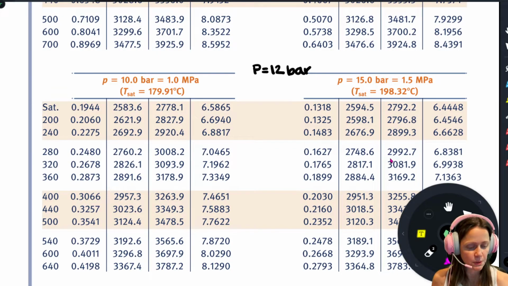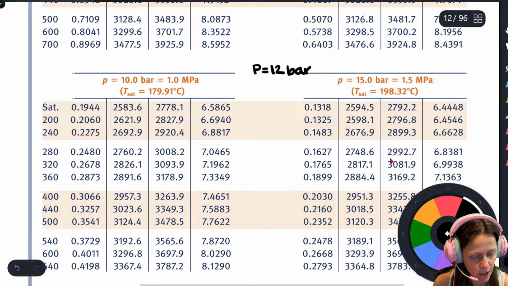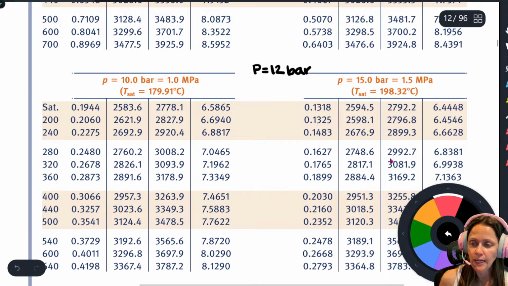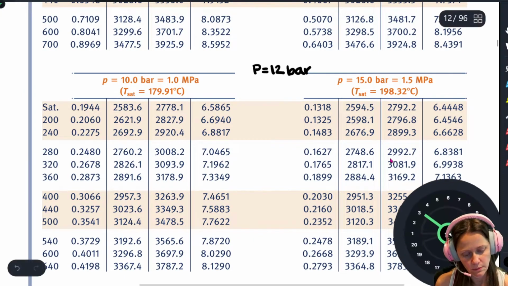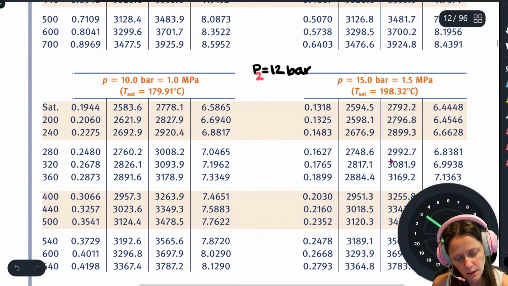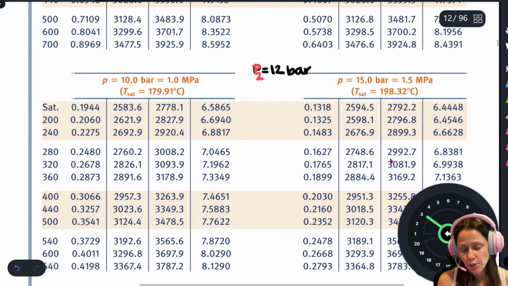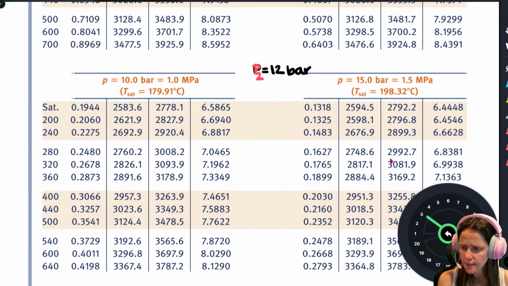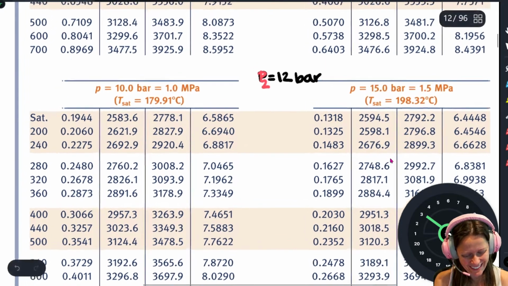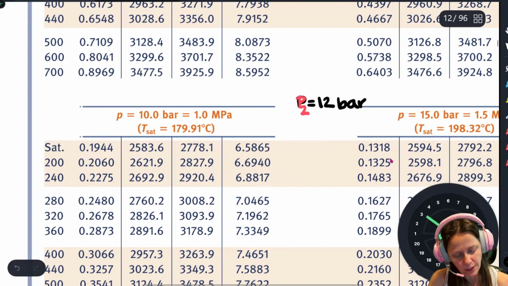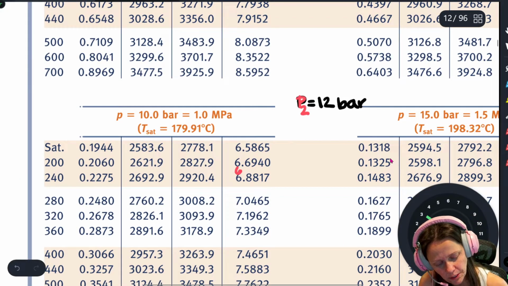So it's coming out. We've got an entropy of 6.8803 at state 2. That's P2. Fine. Okay. Pretty darn close over here, but I'm gonna do a double interpolation anyway.